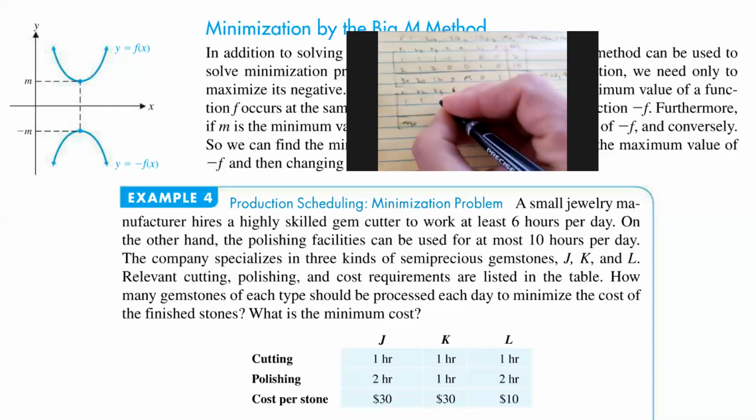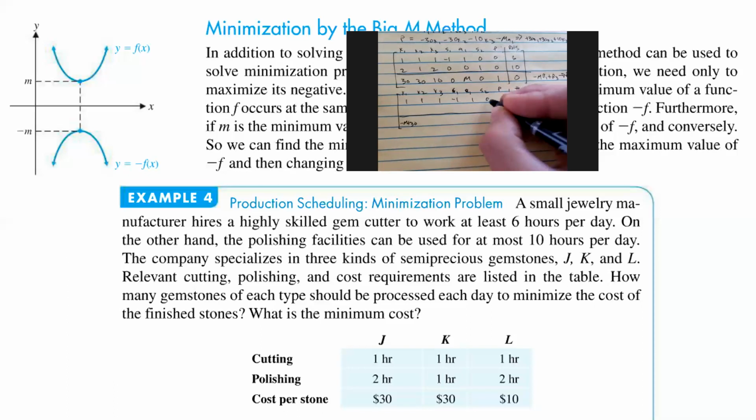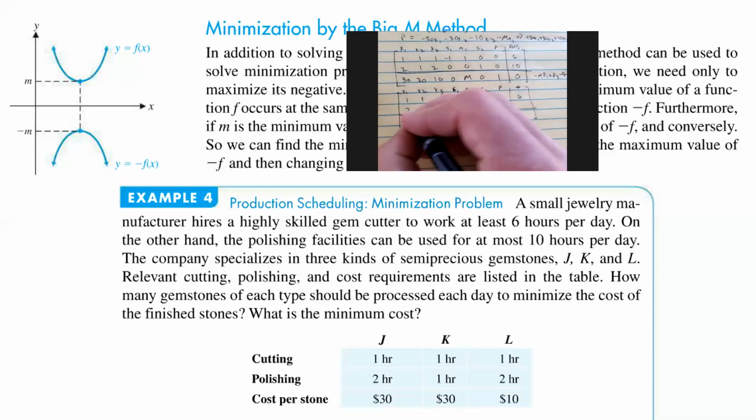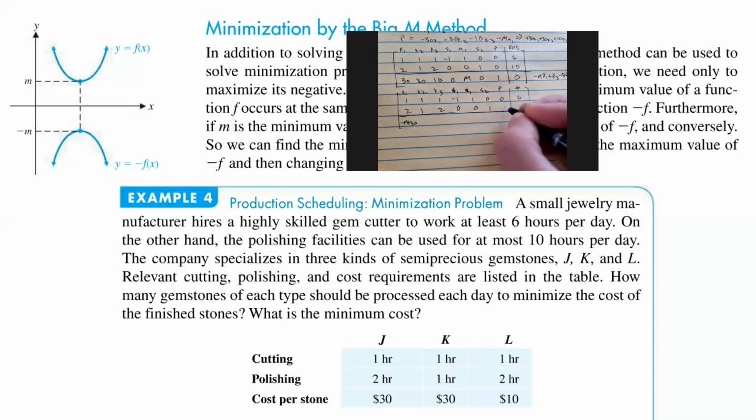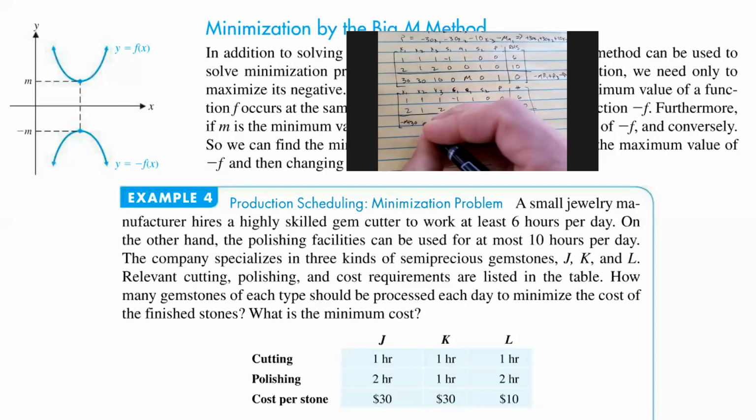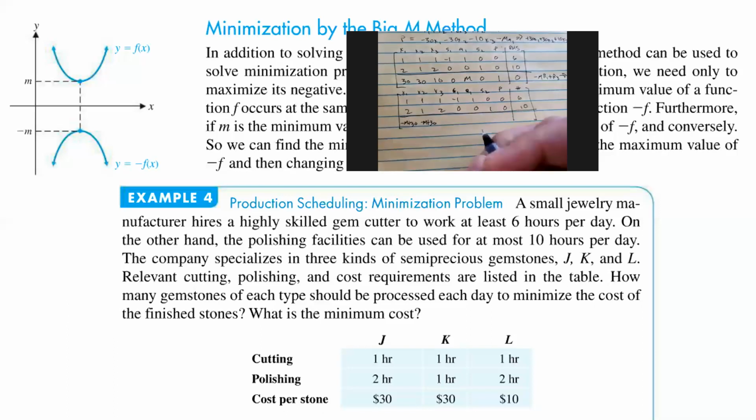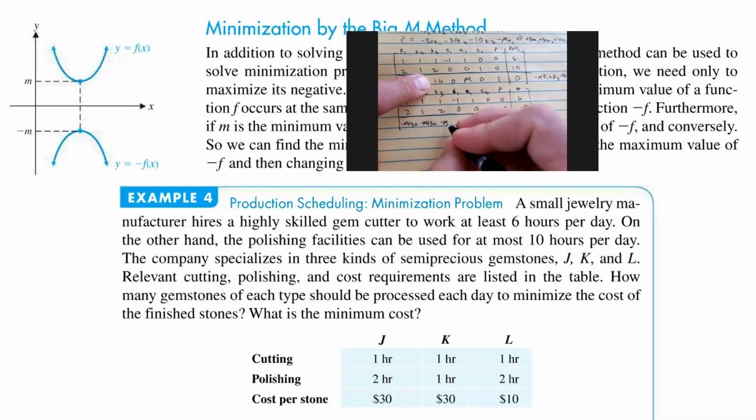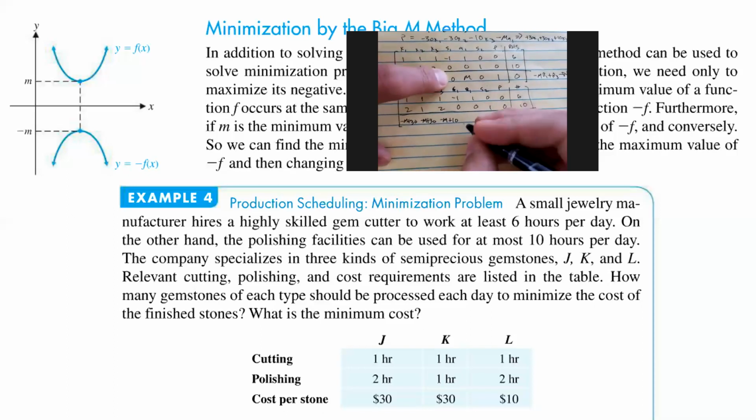So everything up here stayed the same, all right? And now I'll have a negative M plus 30. And then I'll have a negative M plus 10, and then a negative M, which becomes positive M underneath the S1.